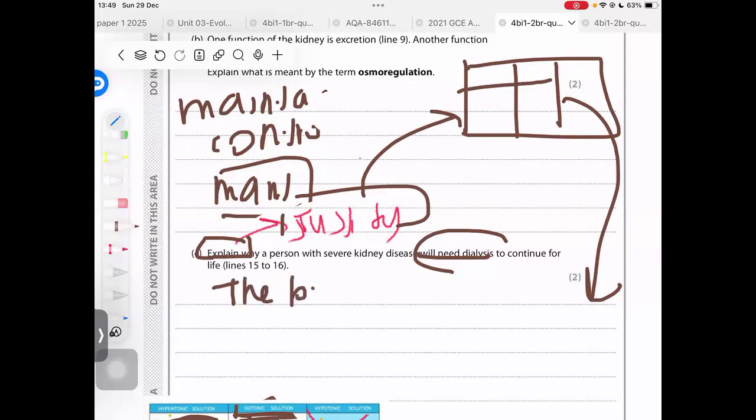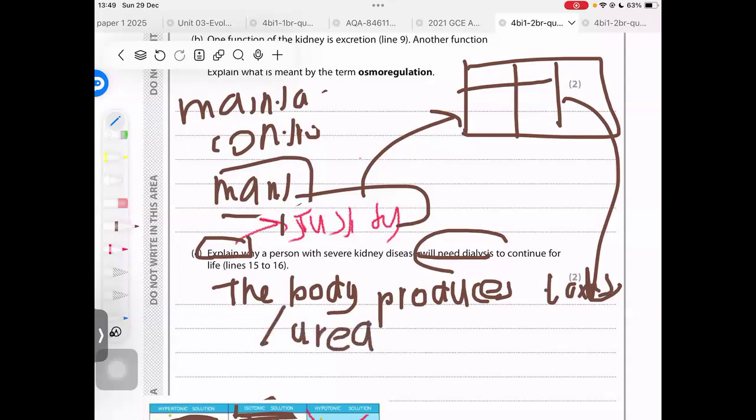The first point should be the body produces toxins. You are explaining to the examiner why we need dialysis. That is because the body produces toxins. Or instead of toxins, you can write the body produces urea, or the body produces metabolic waste.